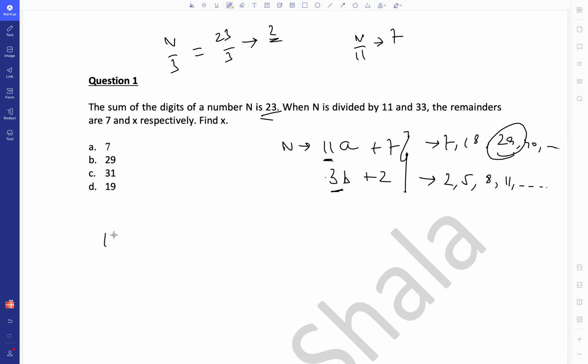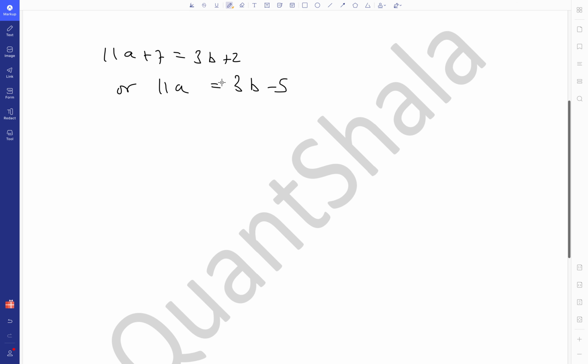Or an easy way to see it is, this one is 11a plus 7, you equate it to 3b plus 2, or you write 11a is equal to 3b minus 5. So what are the possible values for 3b minus 5?